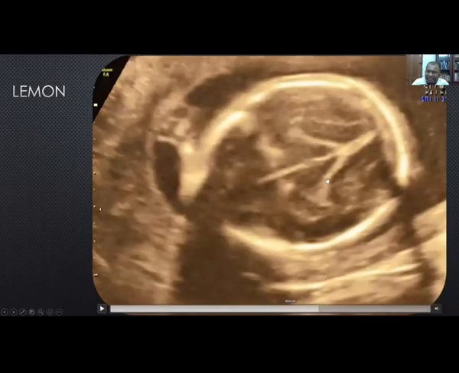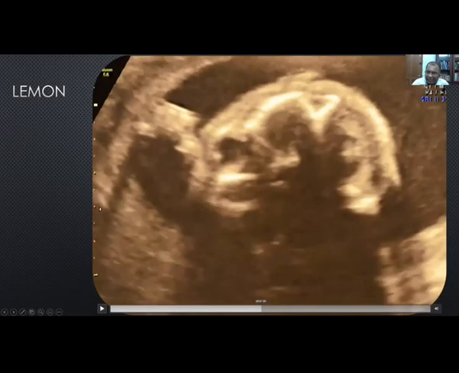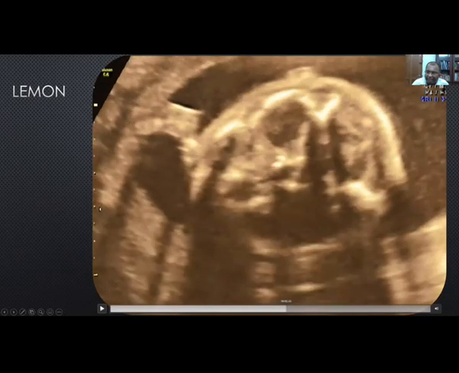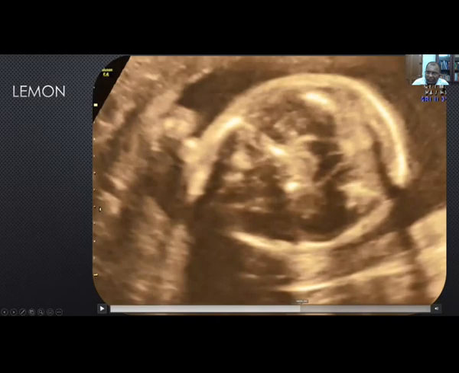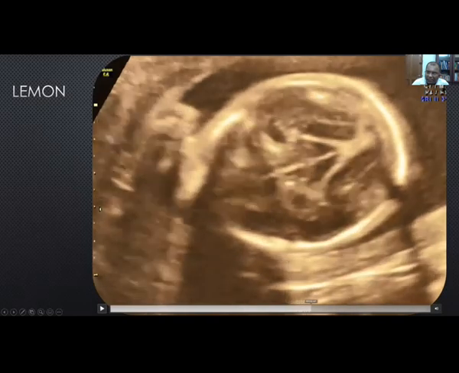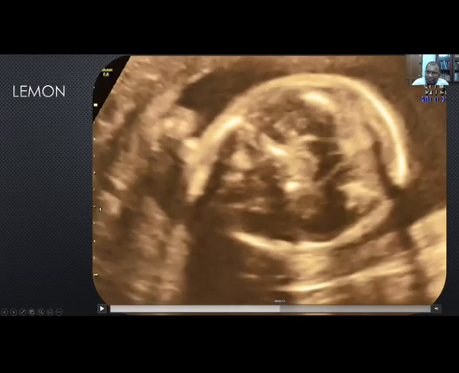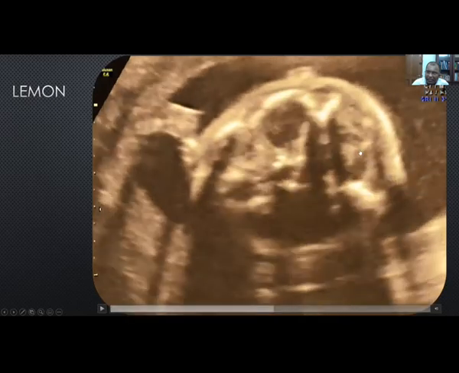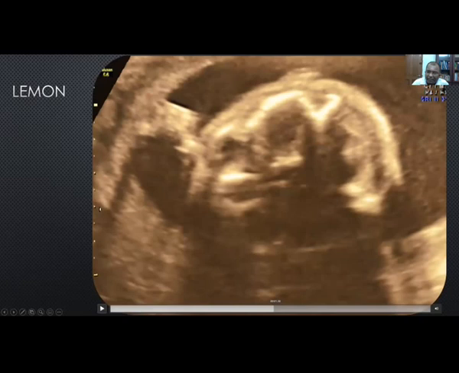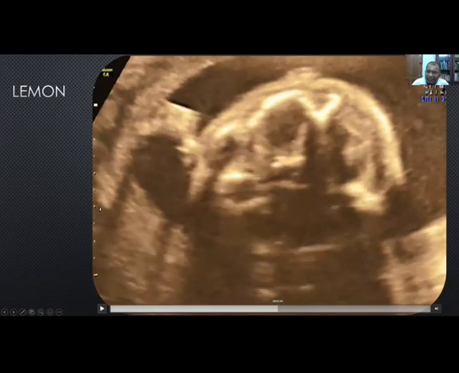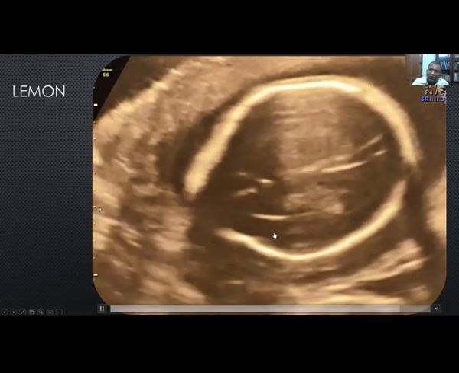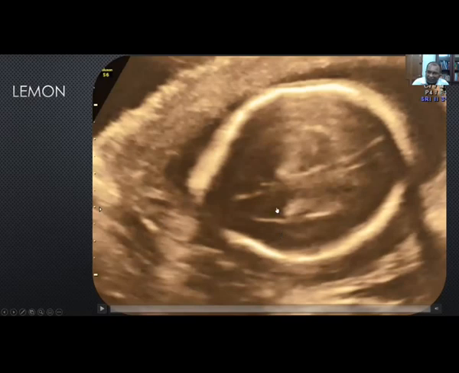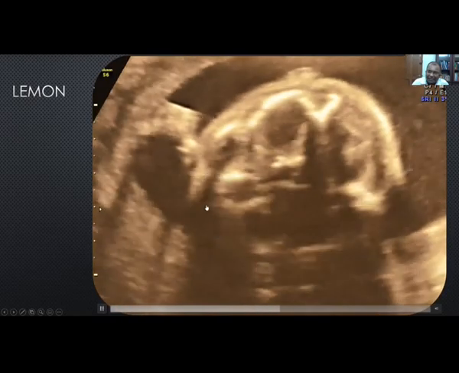You can see slightly parallel-shaped cerebral peduncles, and a little bit of banana shape of the cerebellum. So this is typical of Chiari II malformation with spina bifida, with the lemon shape.